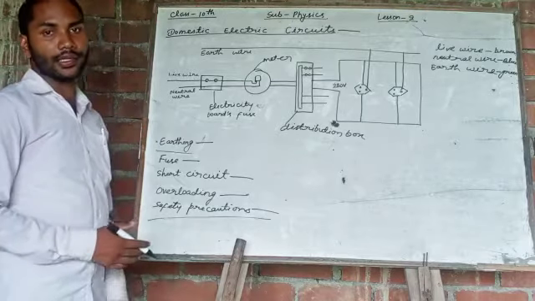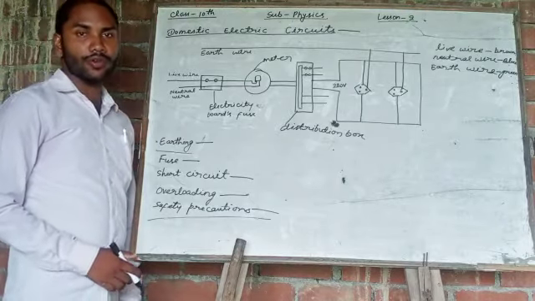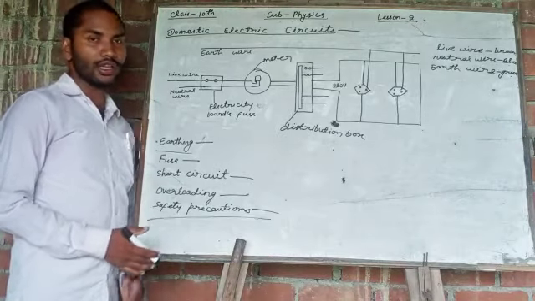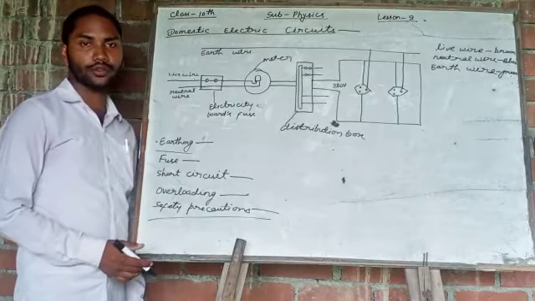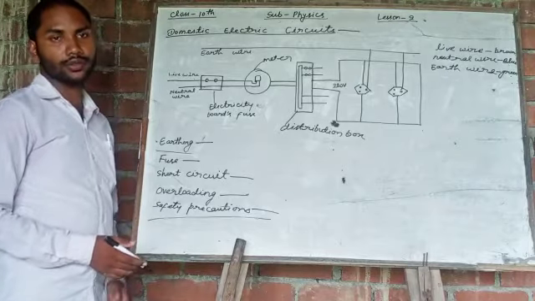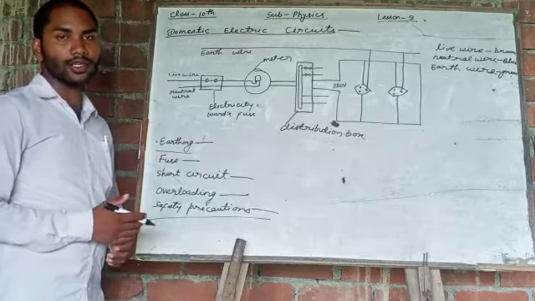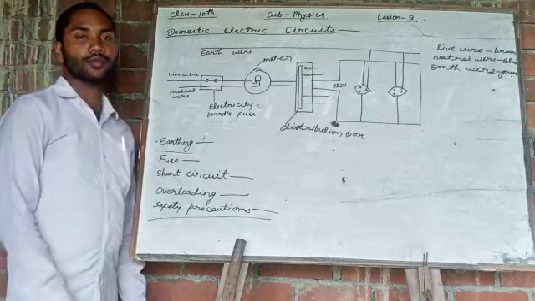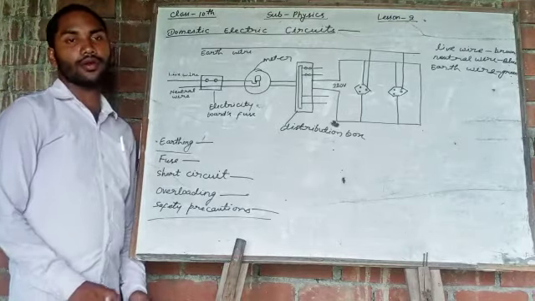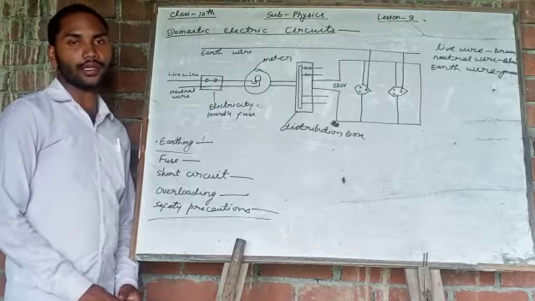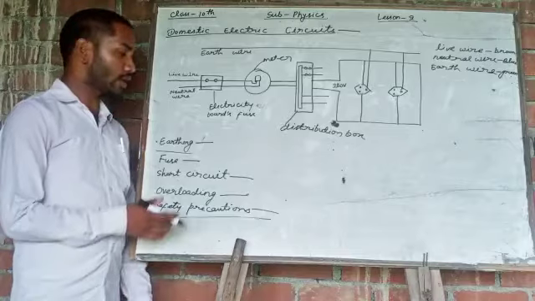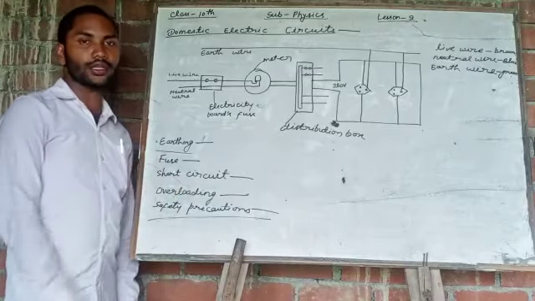While handling electrical appliances, we should always wear rubber gloves, because, as we know, rubber is a bad conductor of electricity. If there is any fault in the electric appliance, we will not get a shock.